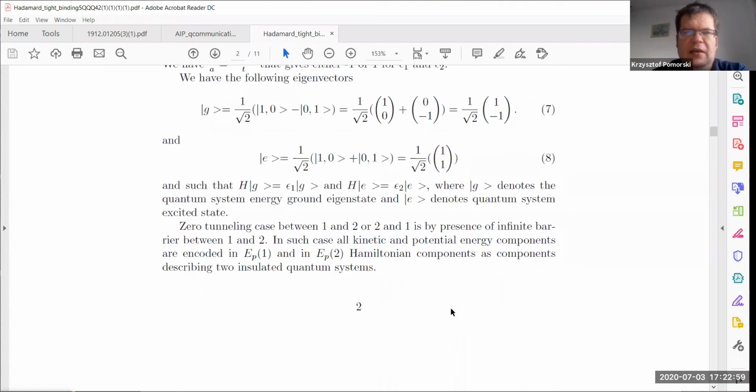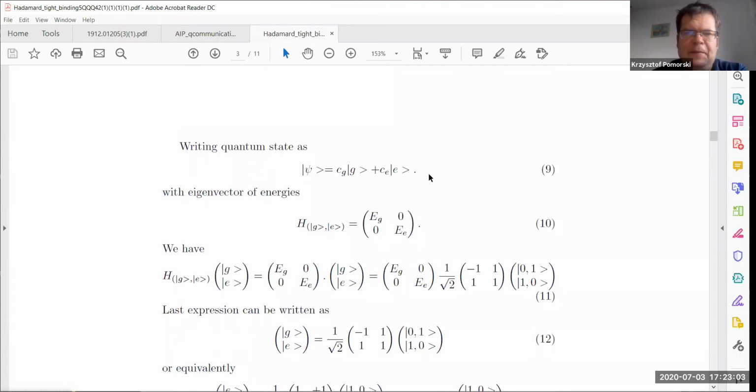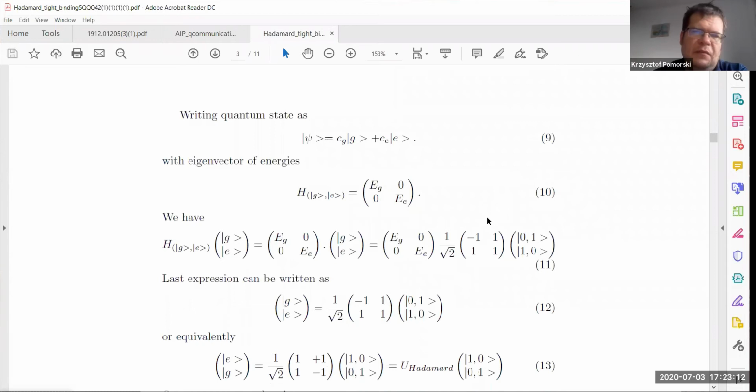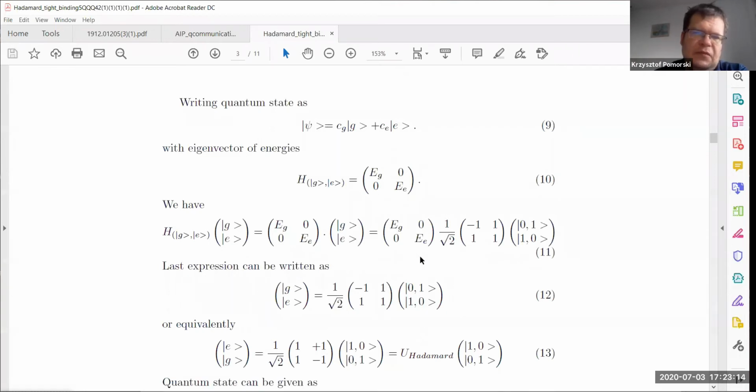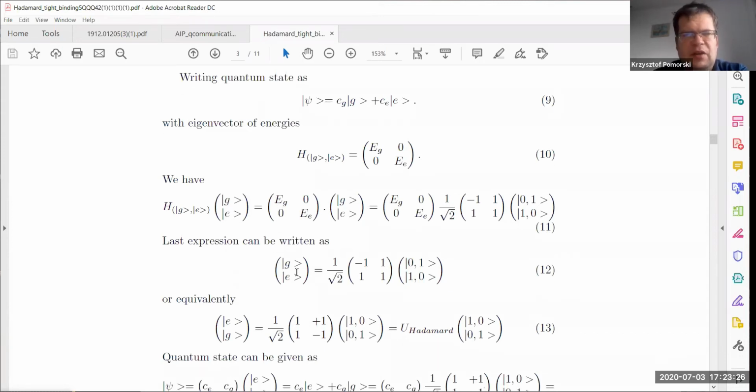Yeah, and then you will see from our considerations that we have the state of the qubit by equation 9. So it's an energy representation, then the eigenvectors, kind of trivial to you. And then we have equation 11, the Hamiltonian acting on our state. So that's how we can relate.